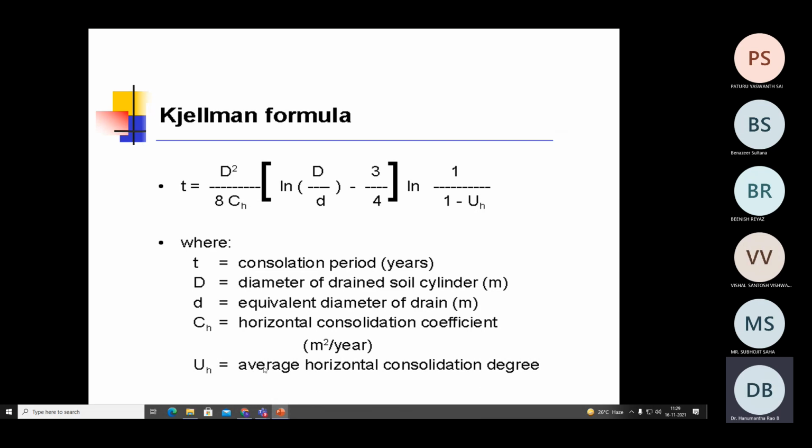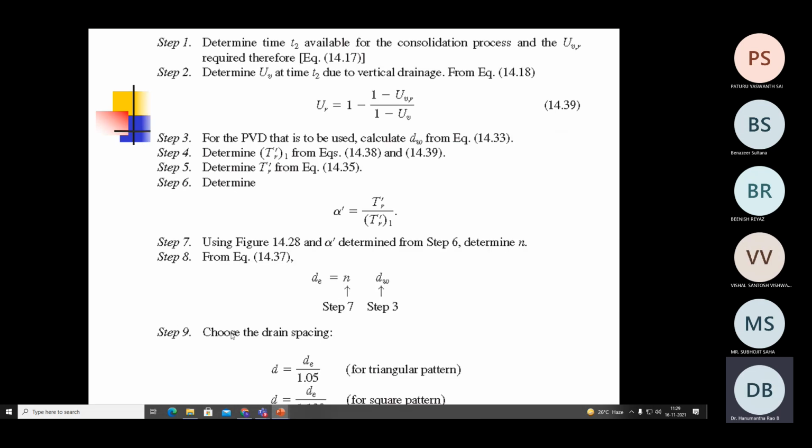Suppose I fix horizontal consolidation as 85%, then I can calculate for the designed diameter and the spacing what would be the approximate time required. This formula was proposed by Kaiselman, therefore it is called the Kaiselman formula. And these are the steps you can follow to design the PVD.